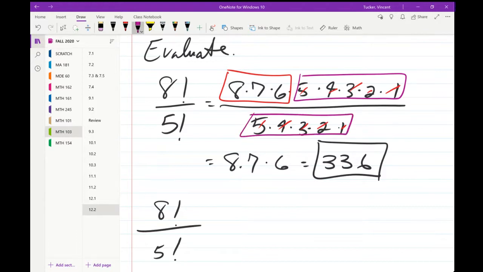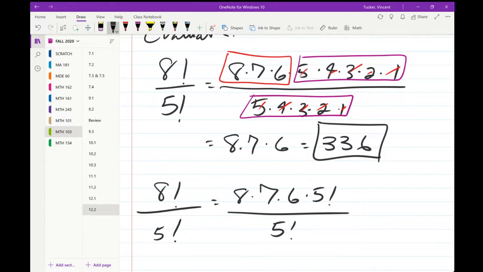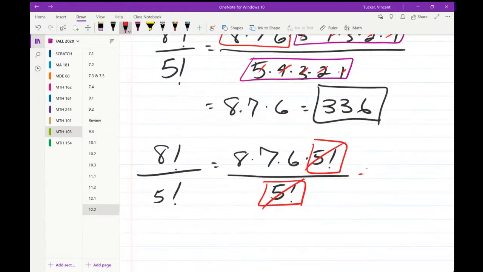And that represents 5 factorial. So within that 8 factorial, what this is saying is that we have 5 factorial. So the short way of doing this is recognizing that down bottom, I have that smaller number. From here, that all cancels. And you're left with 8 times 7 times 6.